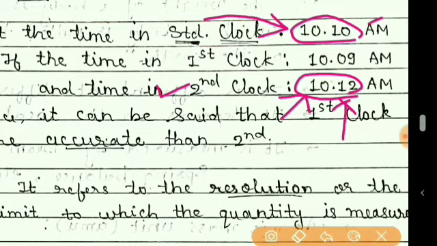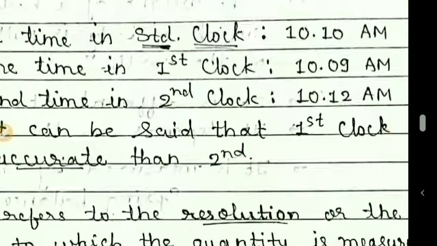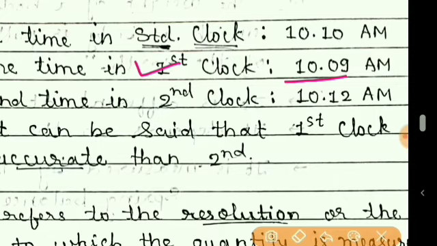You can see here there is 10 minutes here, and here there is 12. So it is clear that this first clock lags by 1 minute when compared with the standard clock, and second clock leads by 2 minutes.